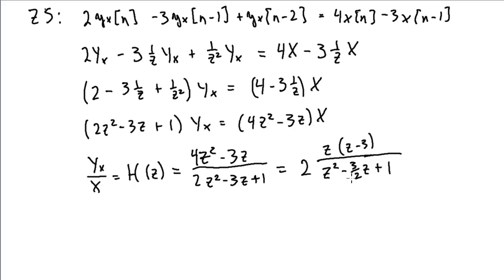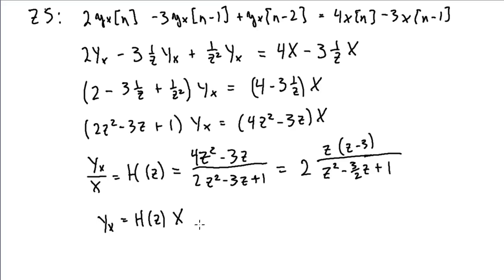So now, in order to find the forced response, I need to actually take my transfer function and multiply that by the z transform of my input.